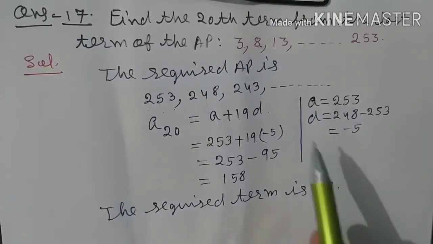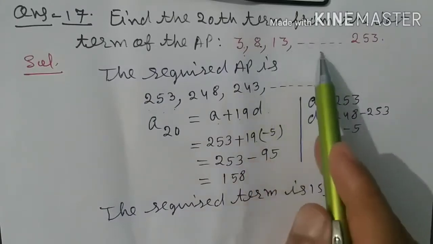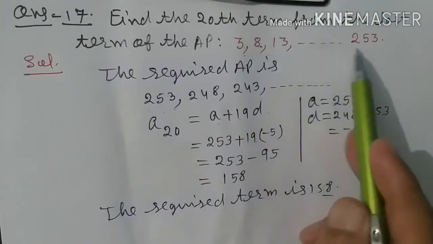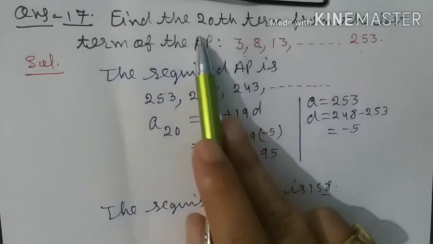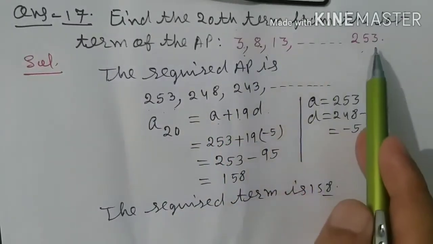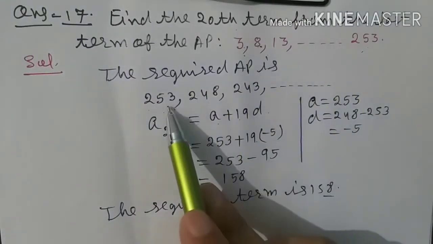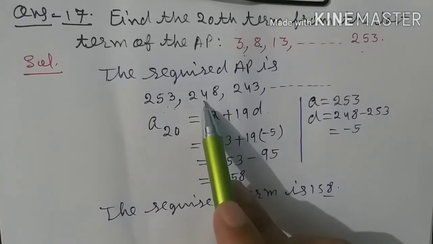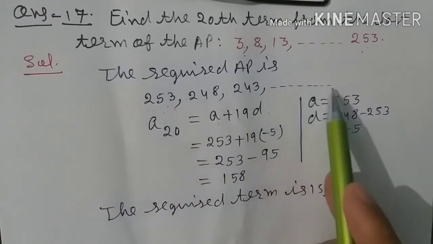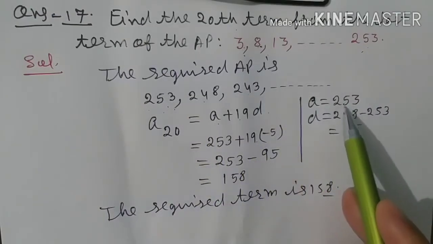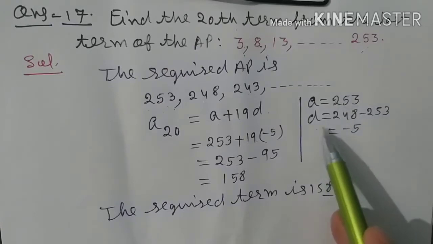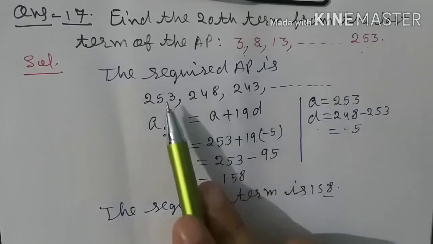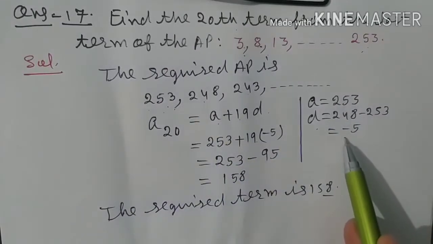Simple question. 3, 8, 13, and so on up to 253 is the series given to you. Find the 20th term from the last. Last means it becomes the first term. Then 248, 243, and so on, so A is equal to 253. D is equal to 248 minus 253, which is minus 5.